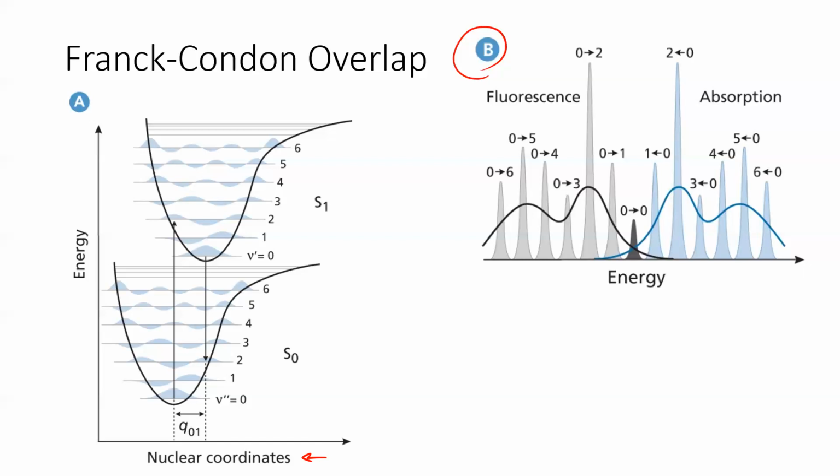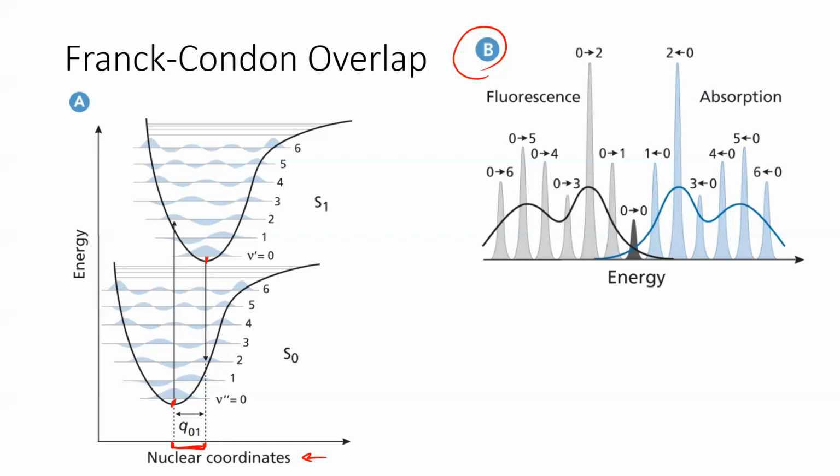We can only look at two nuclei and how they shift in terms of distance. Often what they do is take an average movement and see how the average molecule changes. And so we have some shift. You can see this Q1 here. There's some shift in where that minimum is from the S0 to the S1.